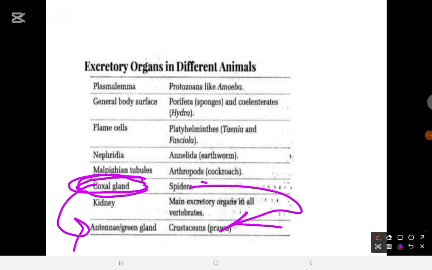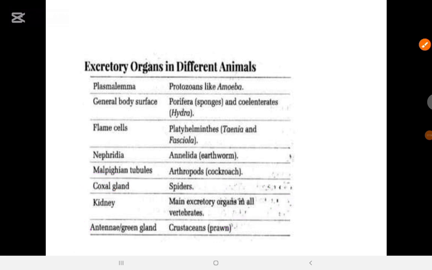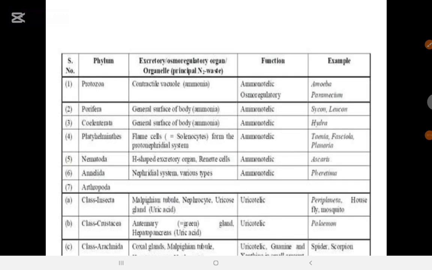So this table shows the level of organization, I mean the hierarchy of classification, and their excretory organs and their functions.